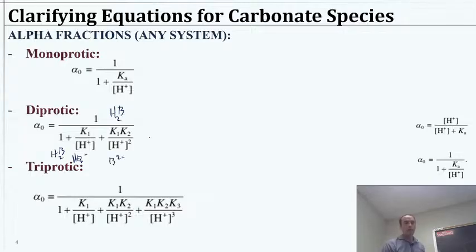This would just be the same deal as the carbonate system, where B2 minus would be CO3 2 minus, right? So we can see that the same deal applies, and all we have to do is two substitutions, which brings in our K2 in addition to the K1.